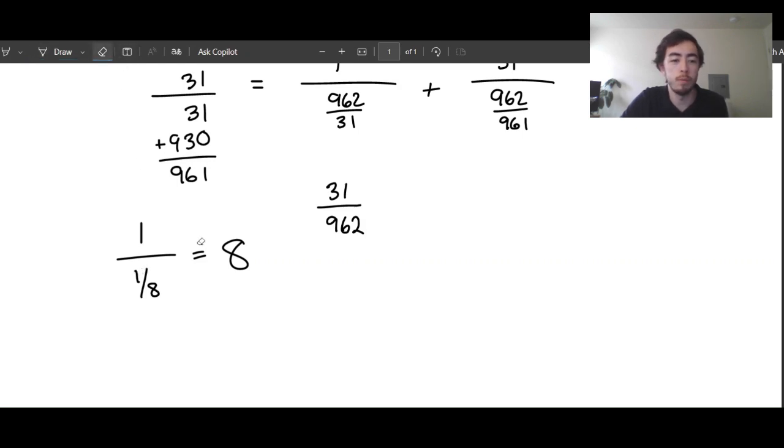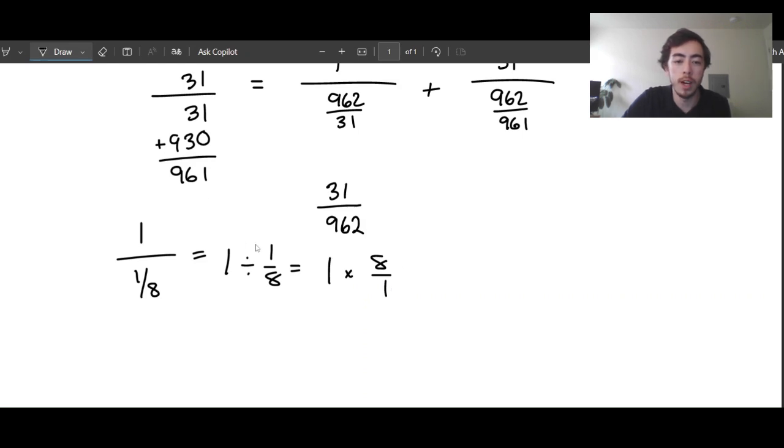And essentially what we're doing is if you do 1 divided by a fraction, any fraction, maybe not any fraction, there might be some weird divide by 0 things, but most fractions, if you want, you could just think about it as multiplication and flipping the fraction or finding its reciprocal. So this division problem, 1 over 1/8, is going to be the same thing as 1 times 8 over 1.